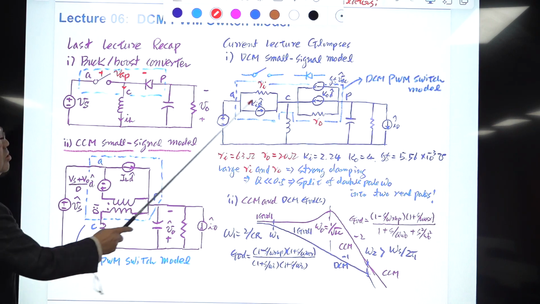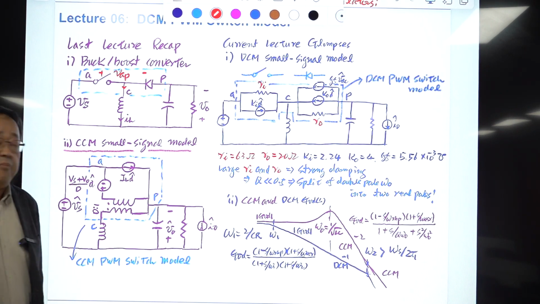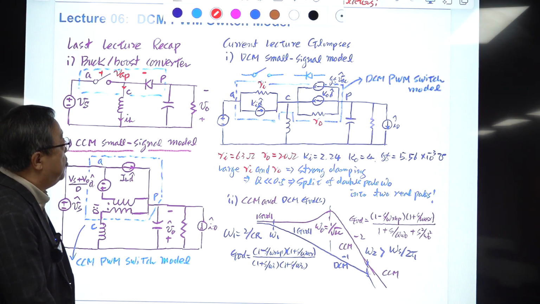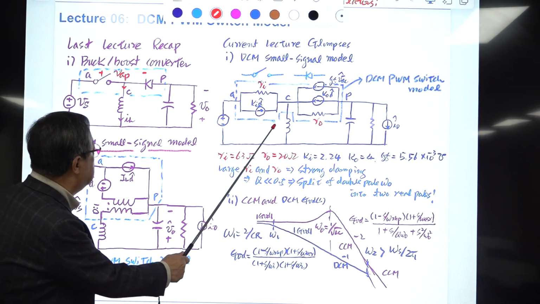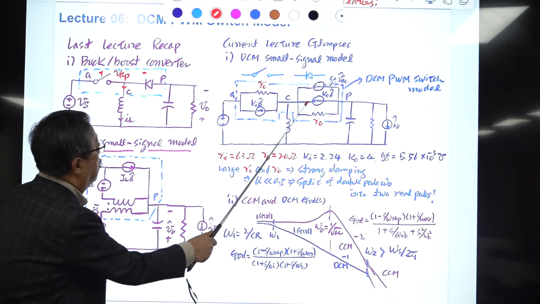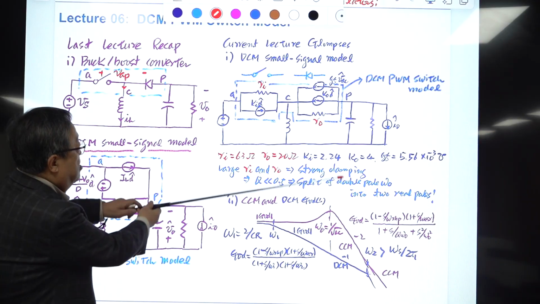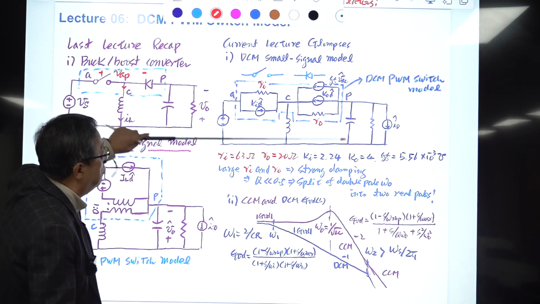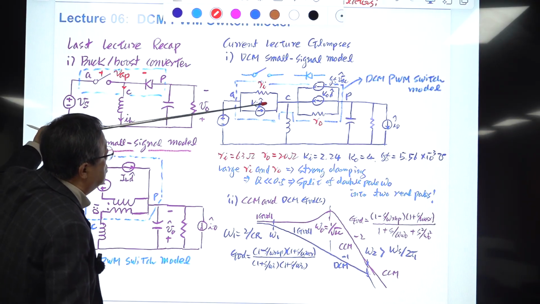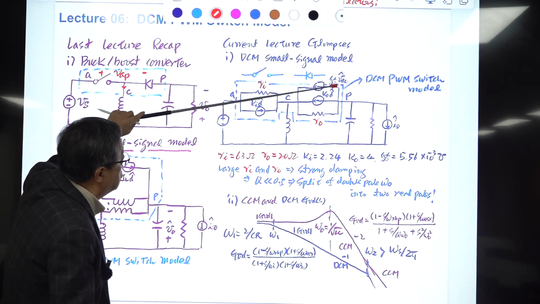This is the small signal power stage model of the buck boost converter in DCM operation. The big difference between this and this is that there is no transformer, and we have 3 dependent current sources and 2 resistive parameters.